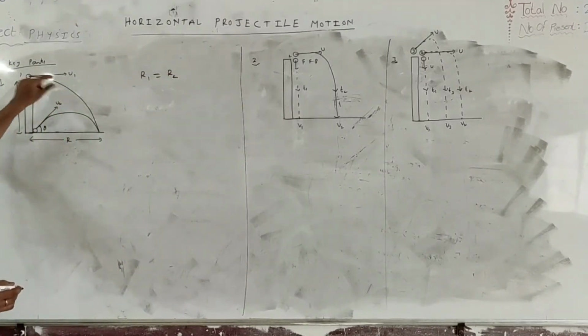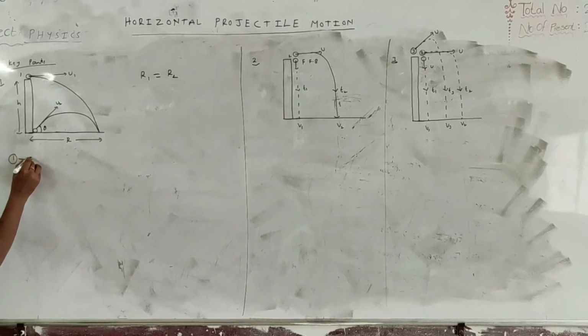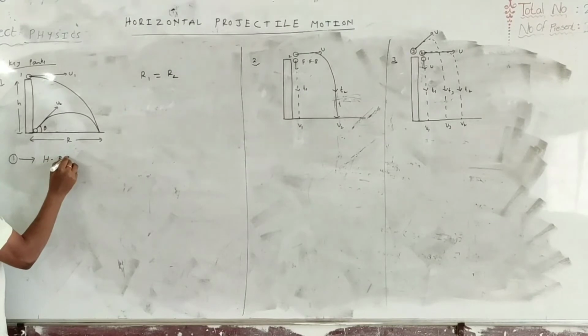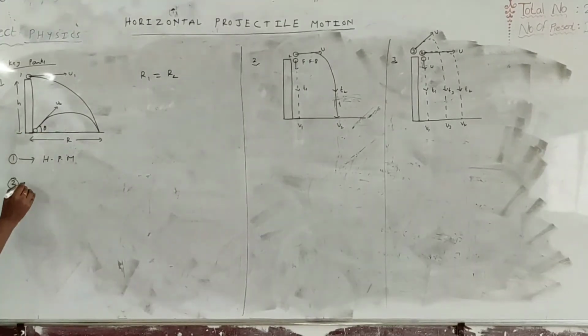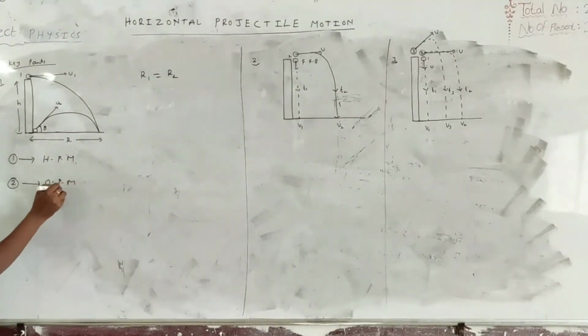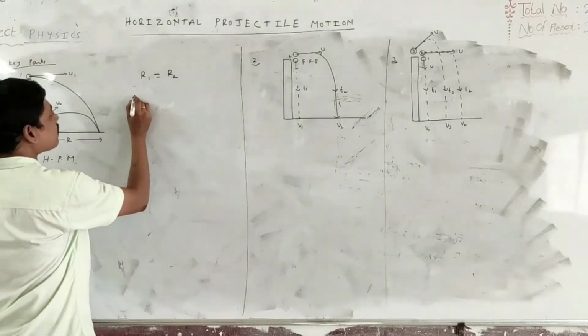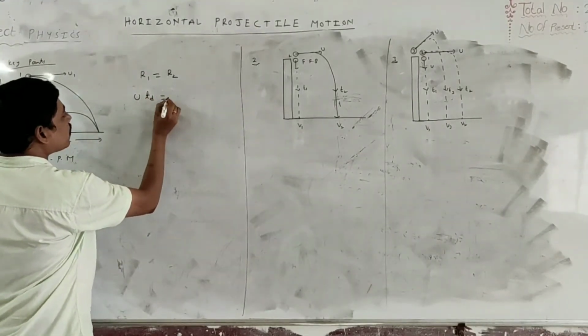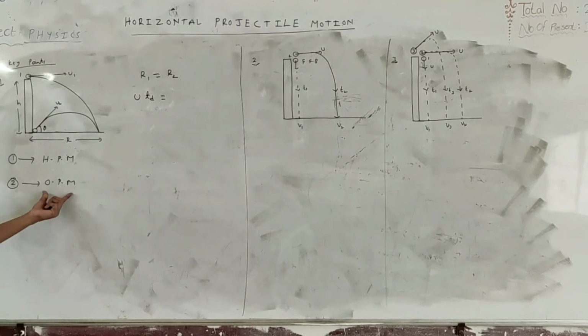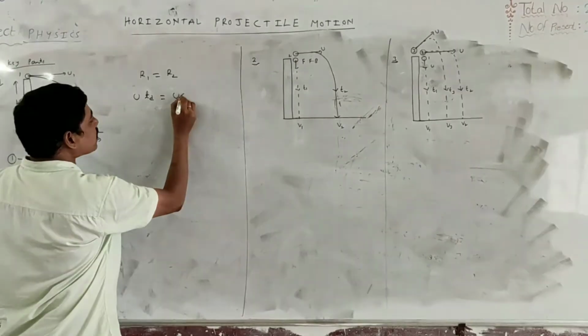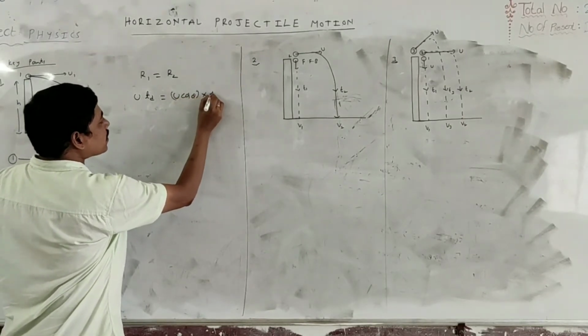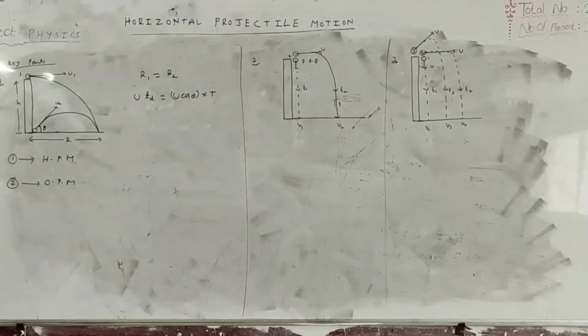The first body is said to be in horizontal projectile motion, and the second body is in oblique projectile motion. In horizontal projectile motion, the range is the horizontal component of velocity into time of descent, u1 into td. In oblique projectile motion, the range is the constant horizontal component of velocity into time of flight.